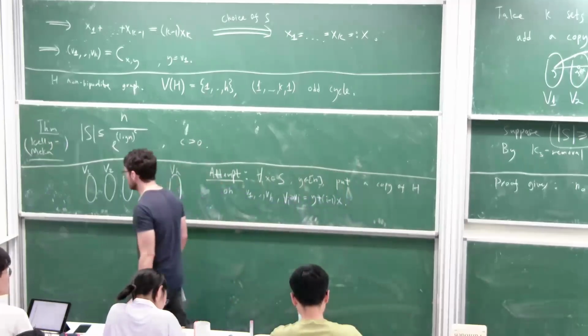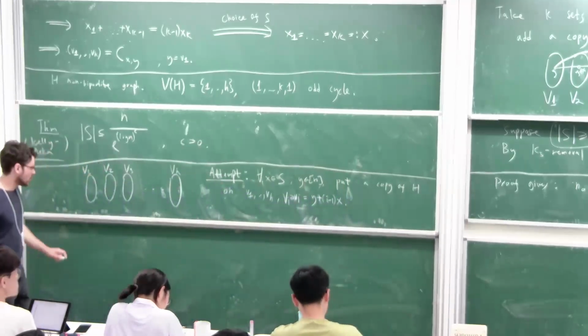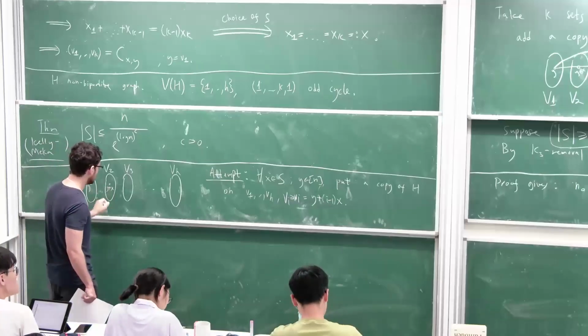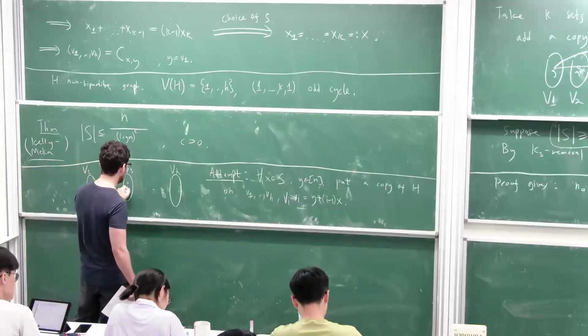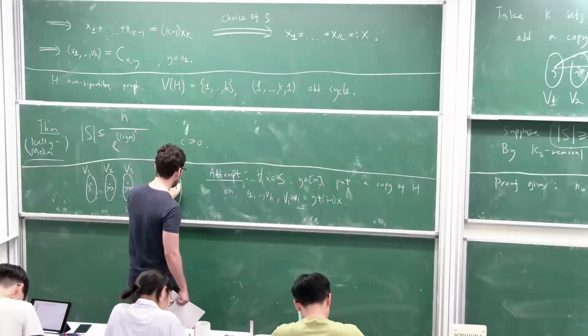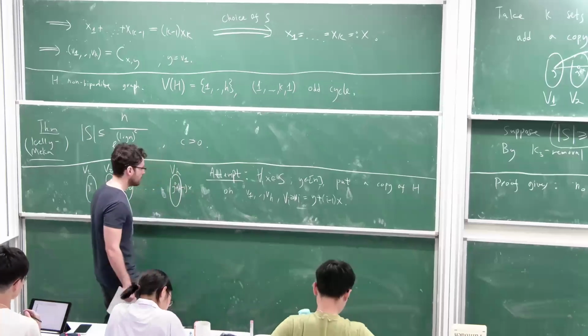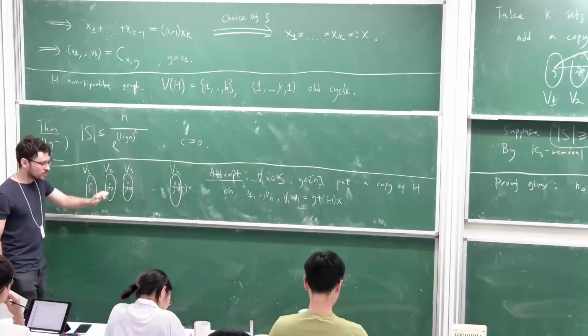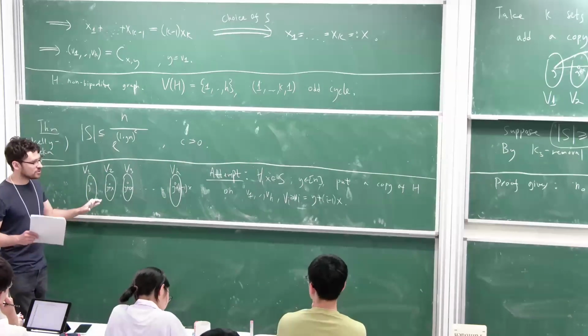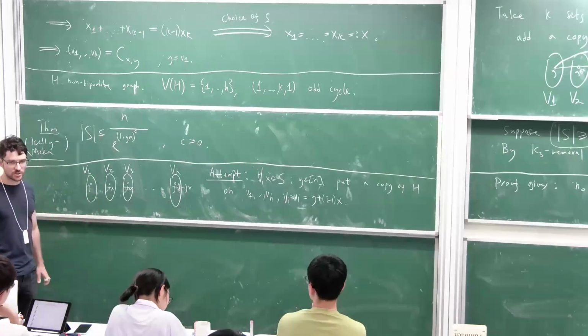Right, so I'm trying exactly the same thing. So I will take here the vertex y, here the vertex y plus x, and so on. And I'll put a copy of H. So this is what we did for an odd cycle, and I'm trying to do this for general H.